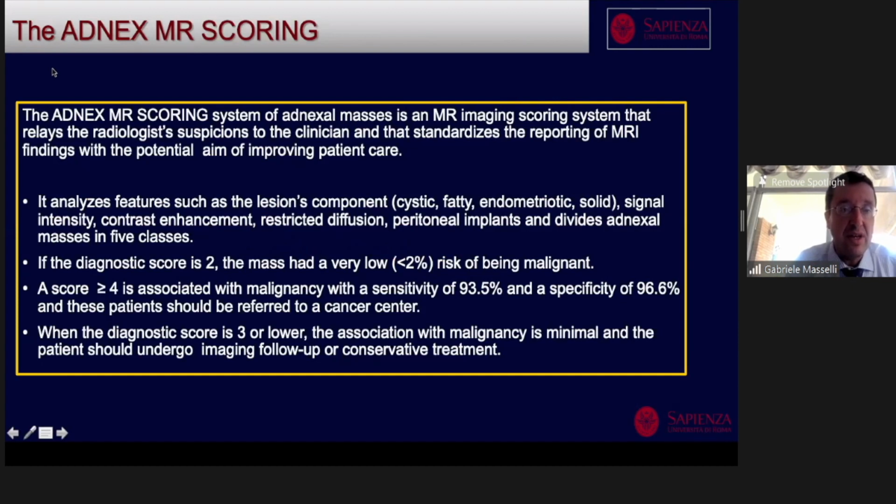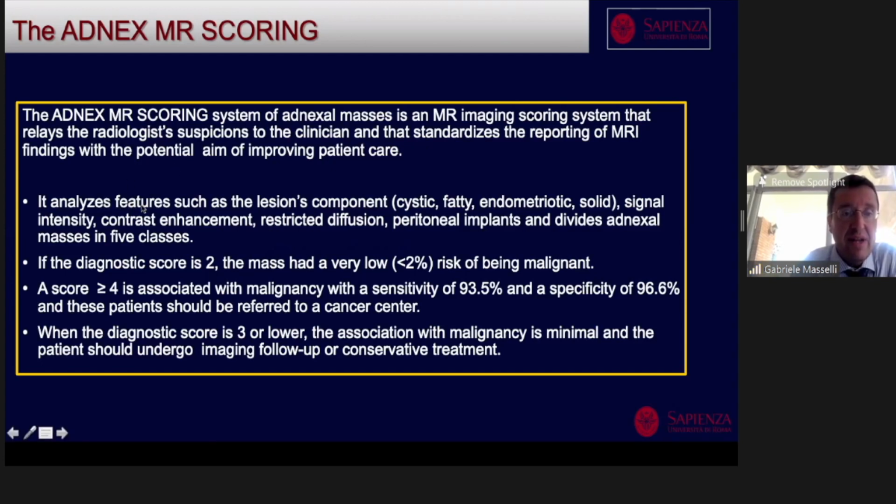In recent years, an adnexal MRI scoring system was developed, and this scoring system relays the radiologist's suspicion to the clinician and can help the standardization of the MRI report.